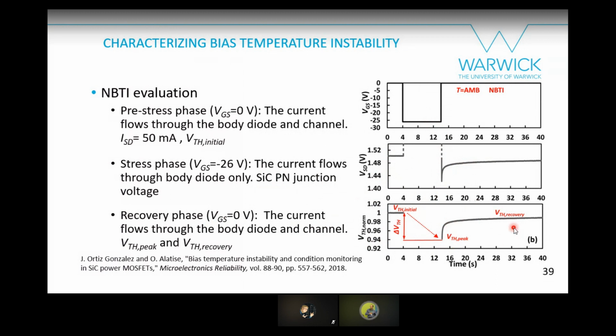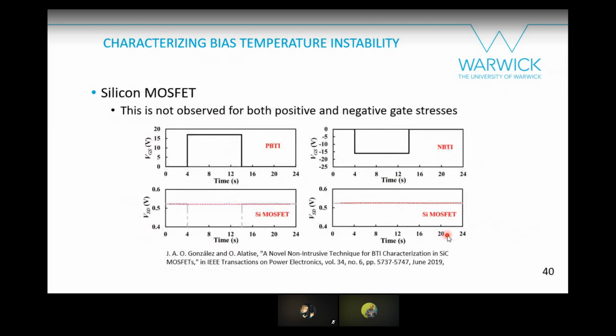So that means that the transient effects in BTI are really important. If you are characterizing this 30 seconds after stress removal, okay, there is no shift. If you characterize this just some milliseconds or microseconds after, you can see that the shift is higher. So this is why these things are important and methodologies are required.